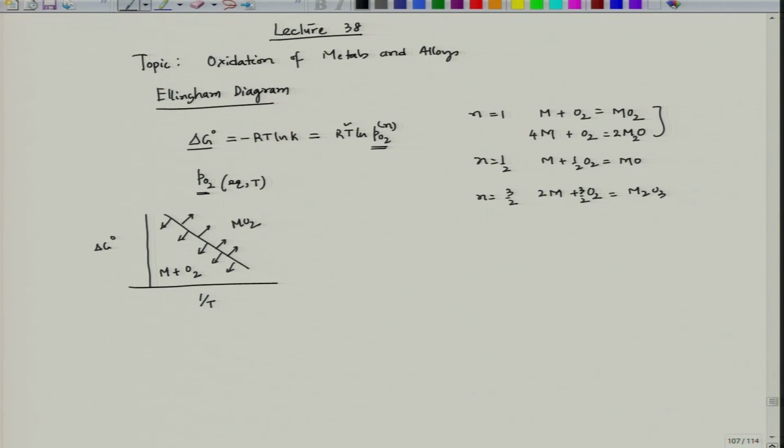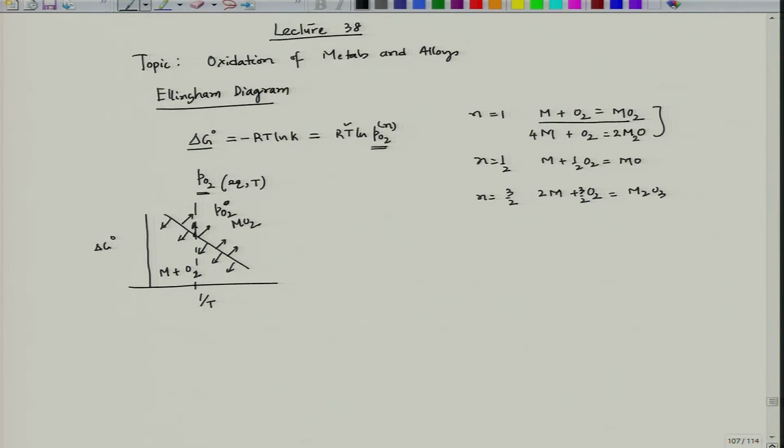That also we have seen at a particular temperature. Let us say this is the temperature we are considering; beyond this line we have MO2 to be stable, because the actual partial pressure of oxygen is greater than the equilibrium PO2 at that temperature.